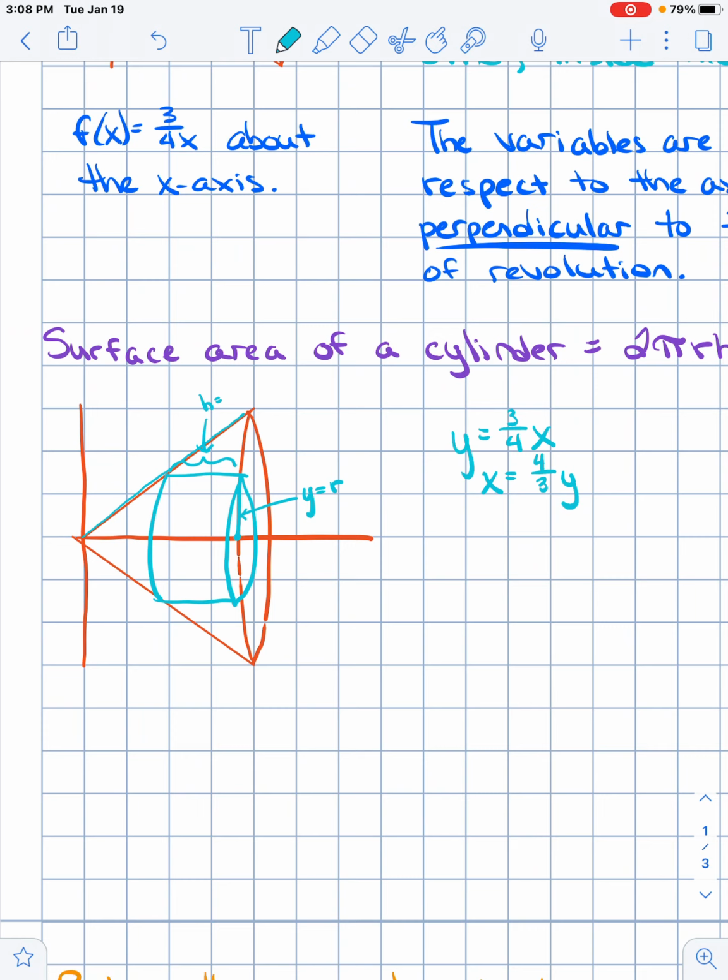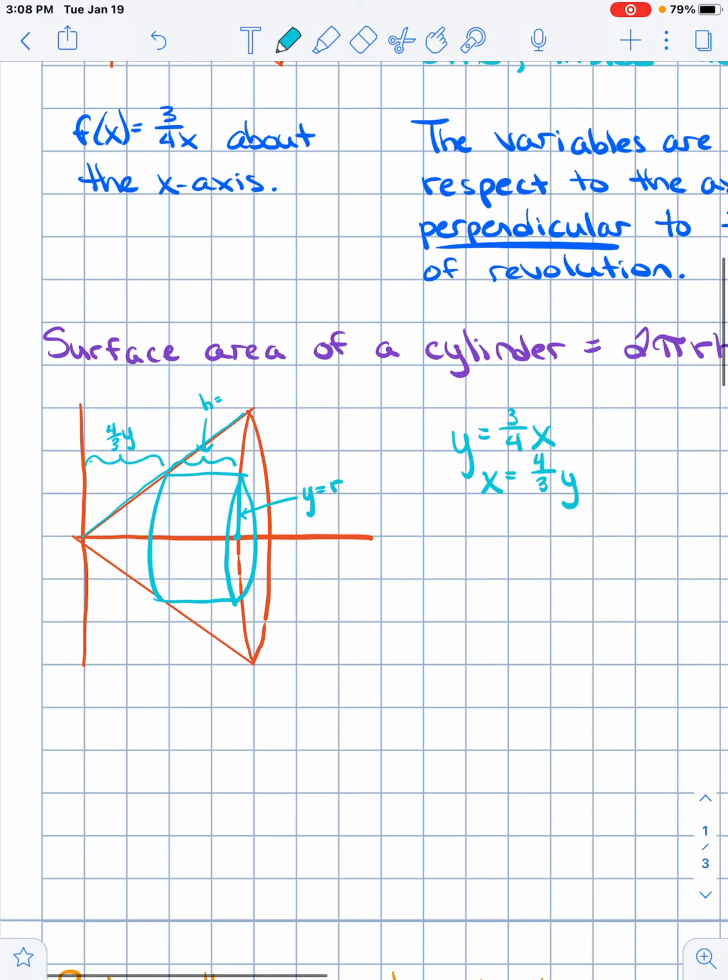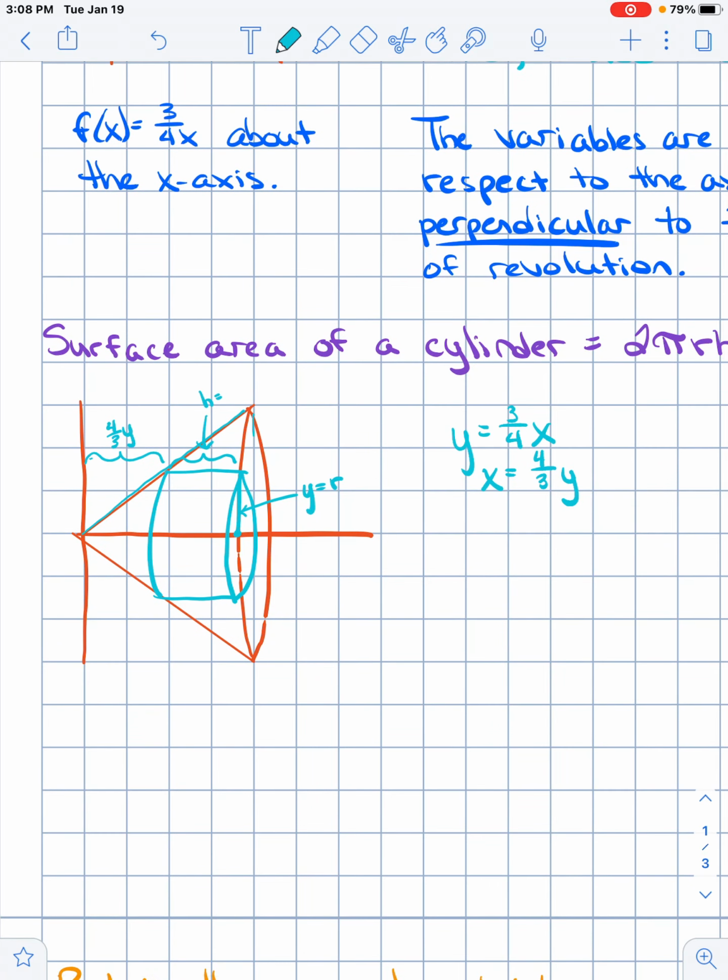All right, we know the x value. We know from the y-axis then, this line is 4/3 y units away from the y-axis. I know that this line here is 4 units away from the y-axis.